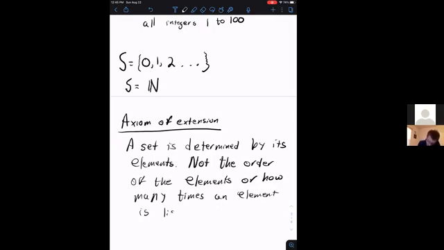Okay, that's what the axiom of extension is.